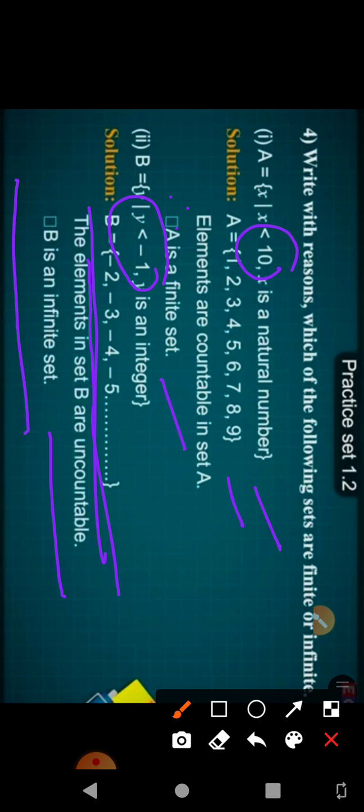Because these are negative numbers, we write minus 2, minus 3, minus 4, minus 5. You all know, in negative numbers, if I write minus 1 and minus 2, minus 1 will be greater. So that is why here we write B as minus 2, minus 3, minus 4, minus 5, and so on.